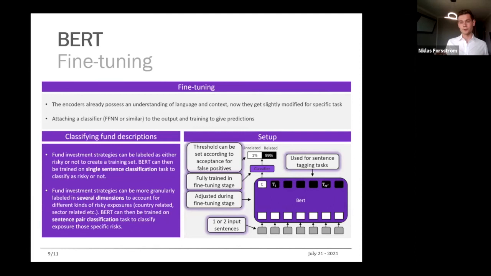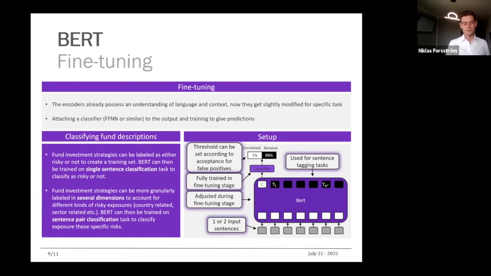You could then train the model to predict if those two sentences are semantically similar. And based on the output that the model would provide, you could classify it in particular dimensions of risk. So for example, one dimension of risk might be exposure to unlisted or private equity companies. Another dimension of risk would be, for example, exposure to countries that you're not perhaps comfortable having an exposure towards.